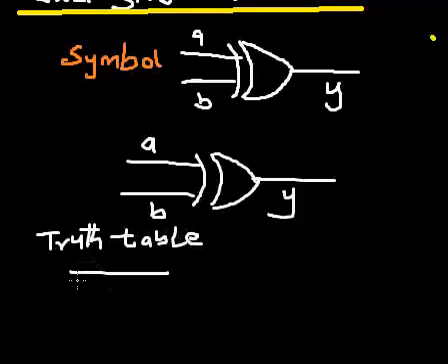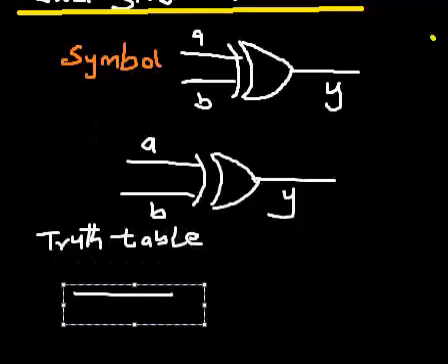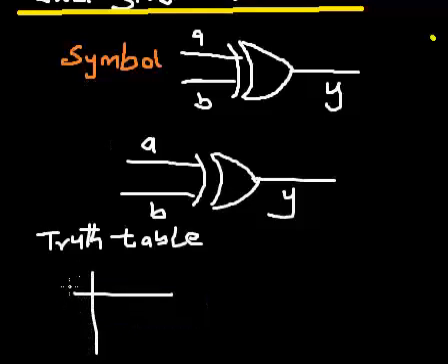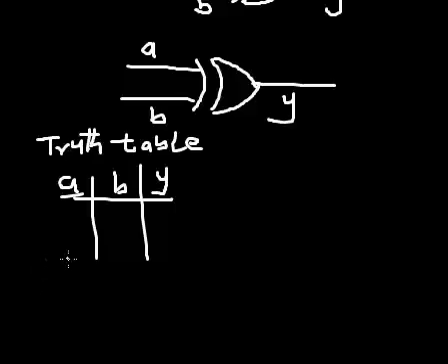Here we have two inputs, which are input A, then input B. Then Y is my output. Let's see what happens now.